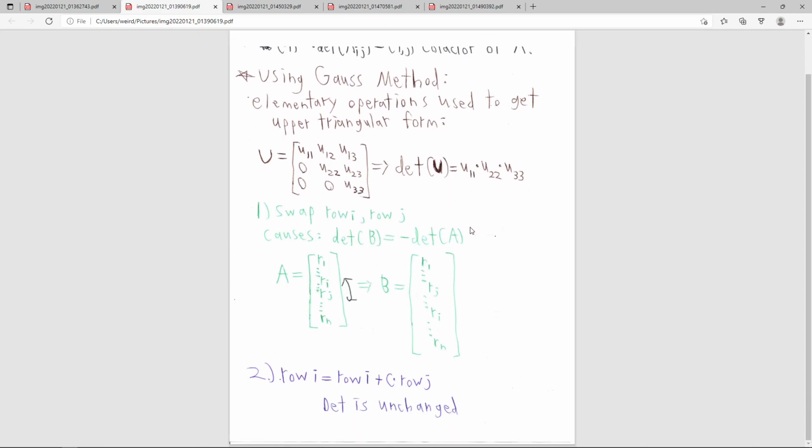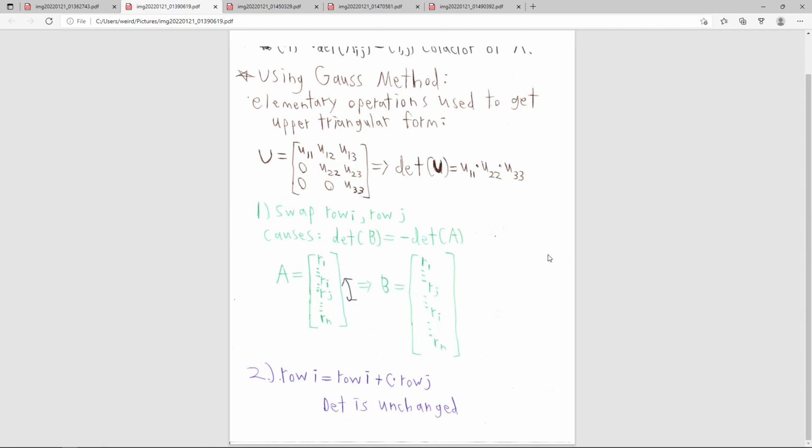And unlike before, you actually have to worry a little. If you swap two rows, row i and row j or whatever, this causes the determinant to be negative. So originally you have A and then you have B. The determinant of B is going to be the negative of determinant A. So to get A, whatever the determinant of B is, you just take the negative of it.